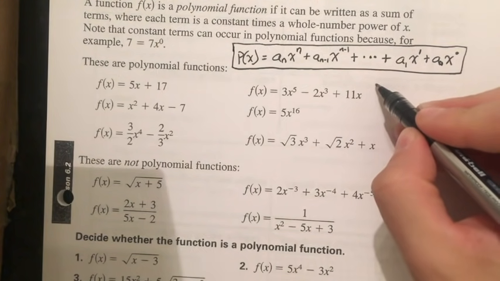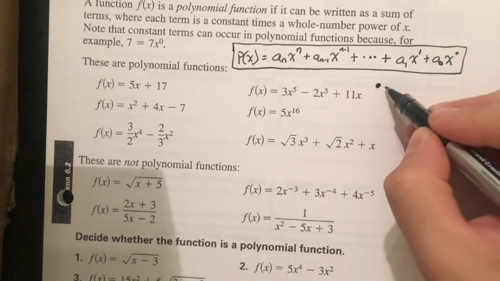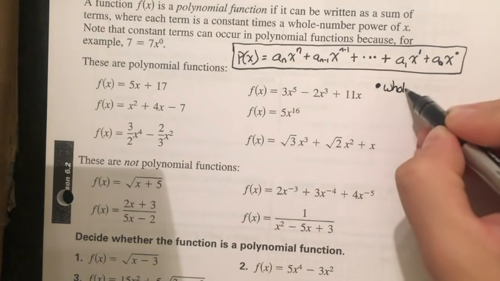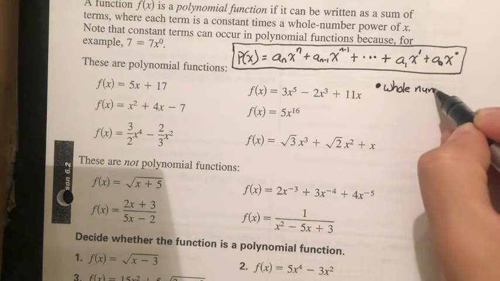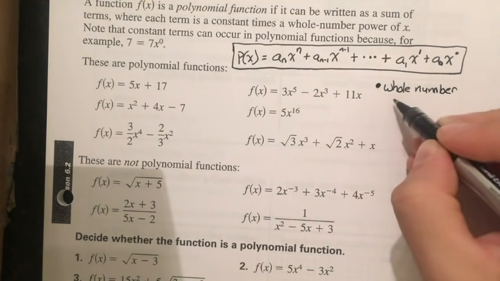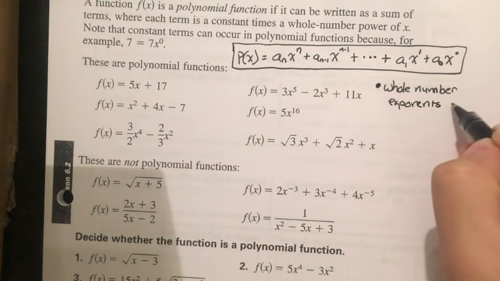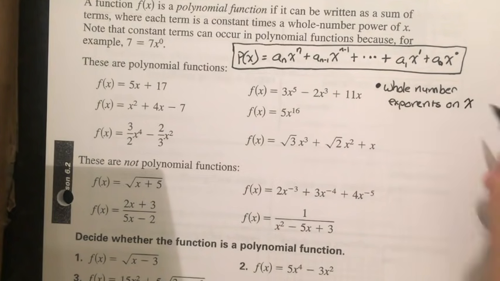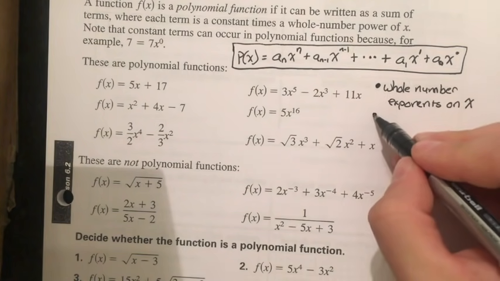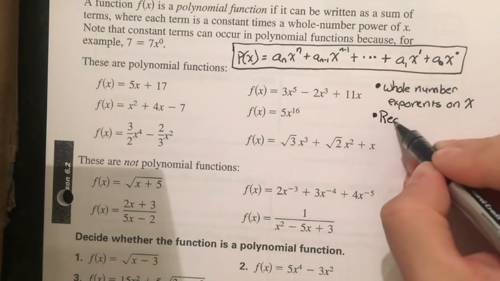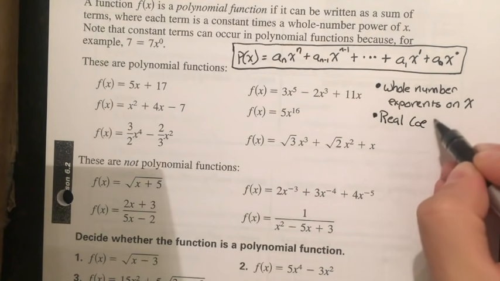Idea number 1, it is an equation or expression with whole number exponents on x. So the first requirement is whole number exponents on x. The second requirement is real coefficients.